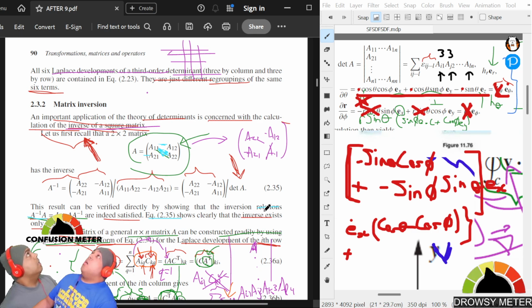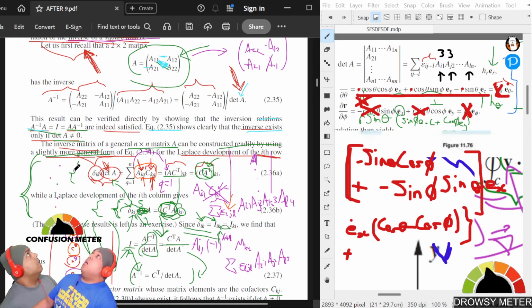Equation 2.35 shows that the inverse doesn't exist if the determinant is equal to 0. It exists only if the determinant is not equal to 0. The inverse matrix can be constructed by using a more general form of the Laplace development.